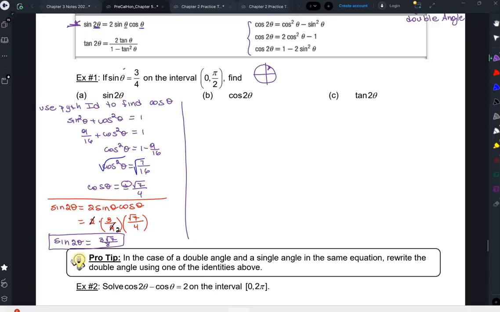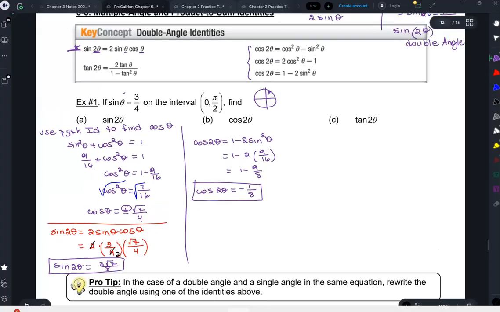So cosine 2 theta is 1 minus 2 sine squared theta, 1 minus 2 times 9 over 16, 1 minus 9 over 8. So cosine 2 theta is negative 1 over 8.